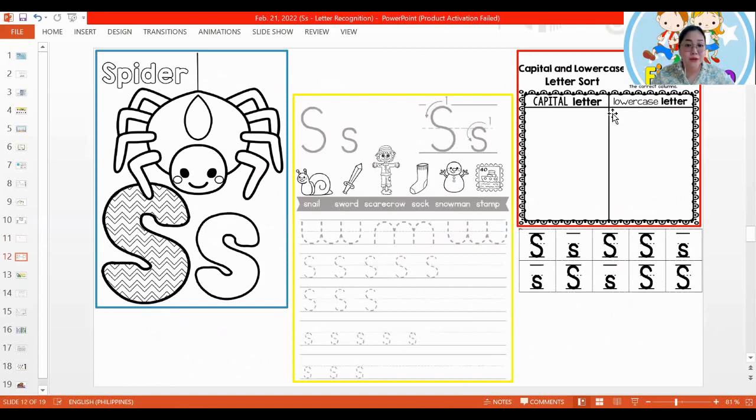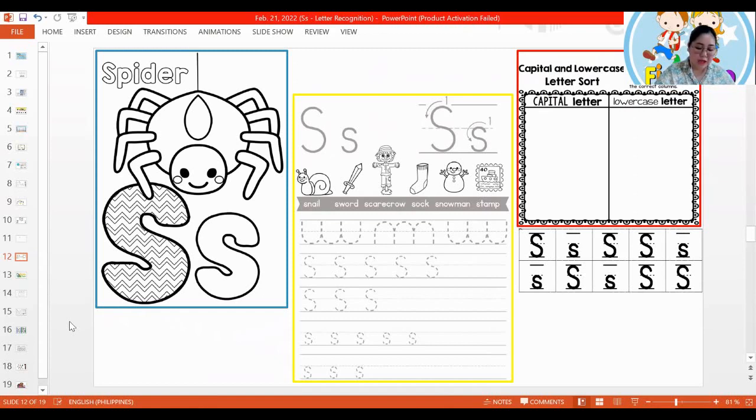Did everybody finish their letter S work? Very nice. Is letter S easy to make? Yes, it is. We just have to practice so that we will remember what the letter S looks like and how we make it. So we now have a spider.